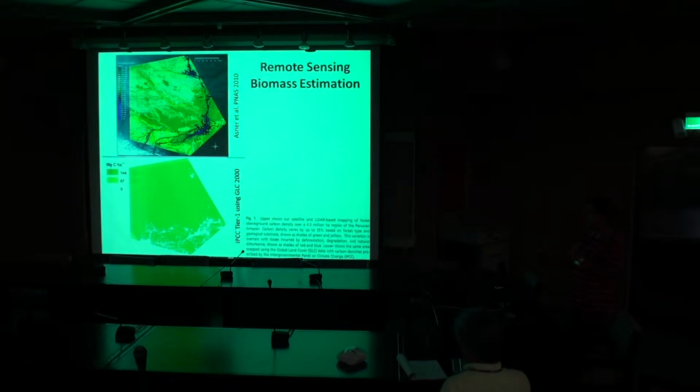Here's an example in the Amazon. If you use the conventional way, the land cover looks like this. However, if you use high-resolution remote sensing with advanced technology and algorithms, that's what you actually see.